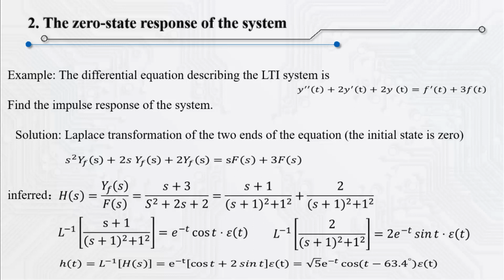The original function of the Laplace transformation corresponding to the second term is 2 times e to the power of negative t times sine t. So we get h(t) equal to e to the power of negative t multiplied by cosine t plus 2 times e to the power of negative t multiplied by sine t.